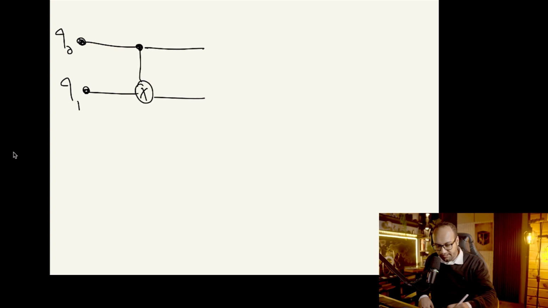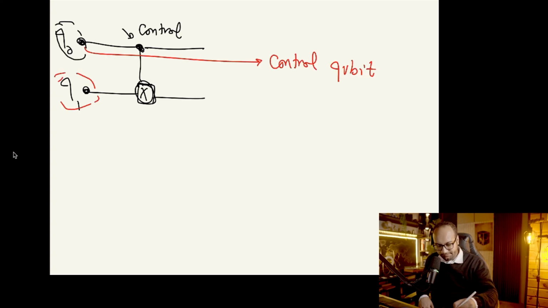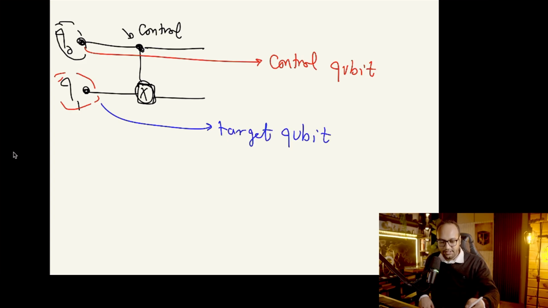So if we have a 2-qubit quantum computer here, we have Q0, then we have Q1, and this is how we represent the CNOT gate. This one we call the control node, and this one is called the control qubit. This one is my target qubit. And this gate is conditional. So based on the result and the sampling that you do here, this gate will decide to apply this action or not.